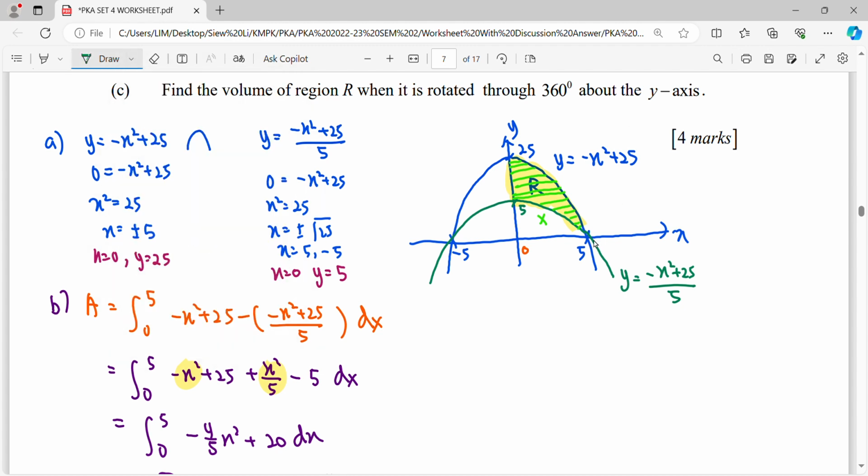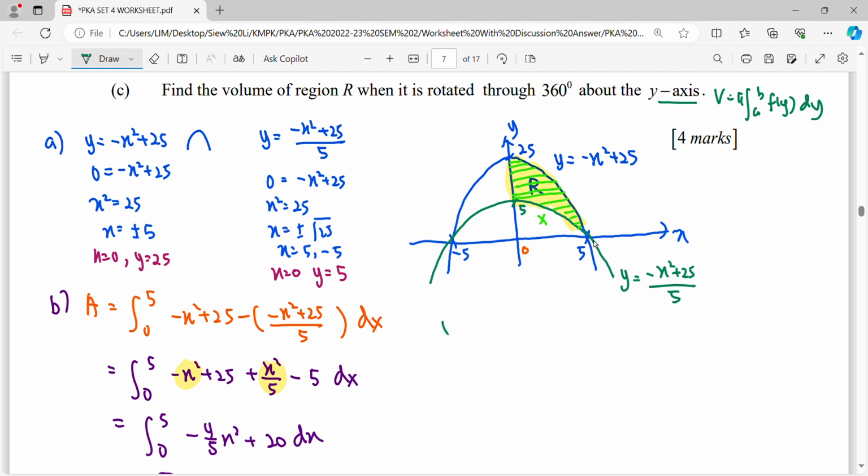When we want to find the volume, we need our equation in terms of x, because we are going to do dy, meaning volume equals pi integral from a to b of the function in terms of y, integrated with respect to y.